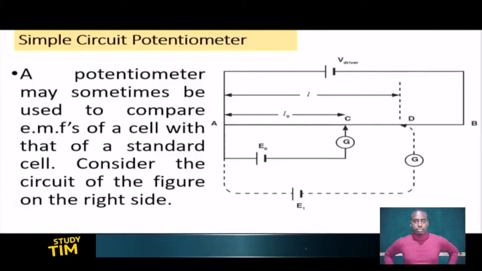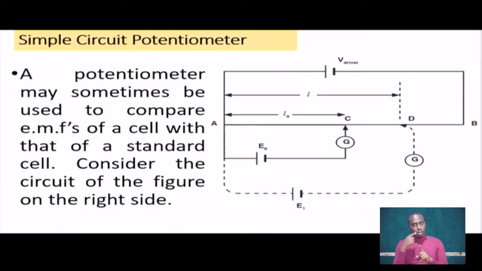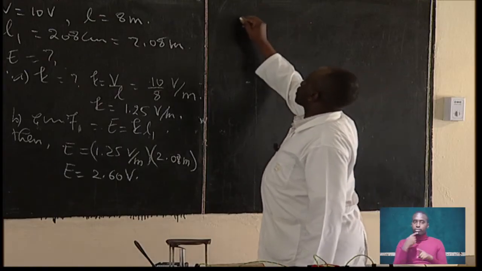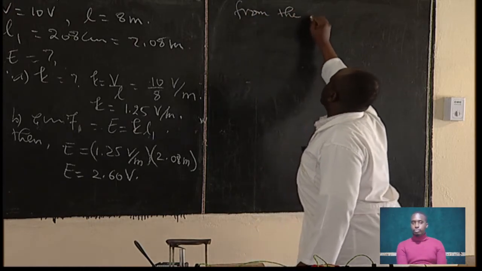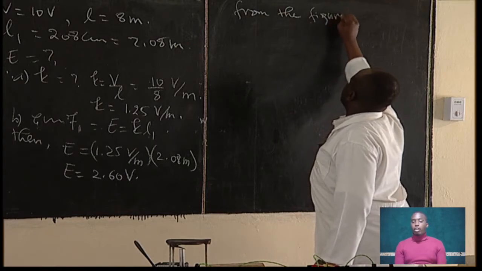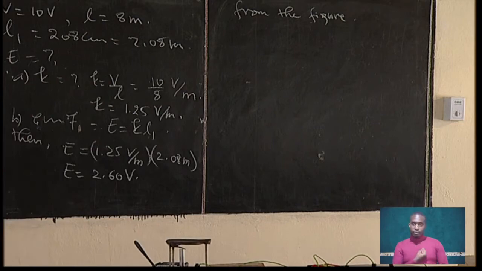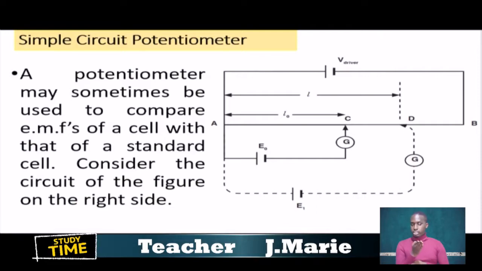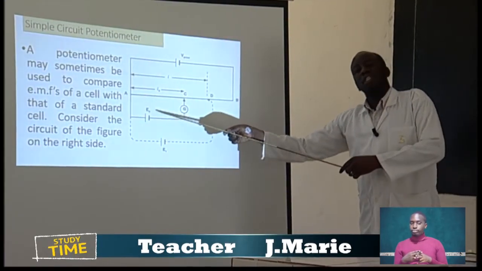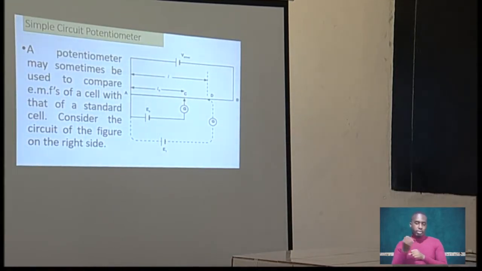A potentiometer may sometimes be used to compare the electromotive force of a cell with that of a standard cell. Consider the circuit of the figure on the right side. So from the figure, what do we have? As what we see, we take this E here approximately equal to that one. Remember what we have now performed in previous activities.